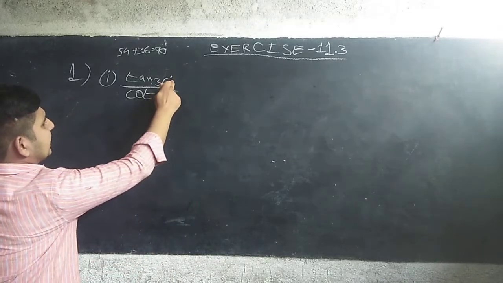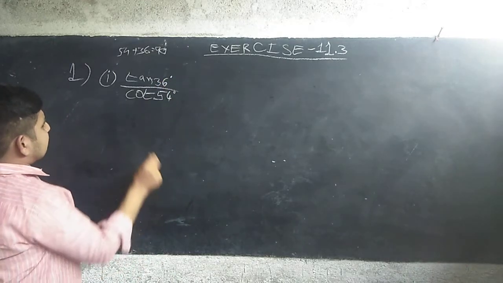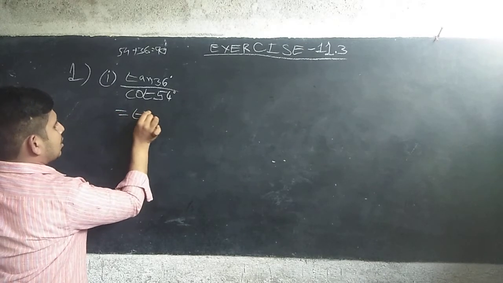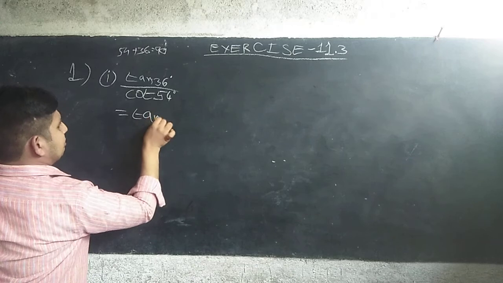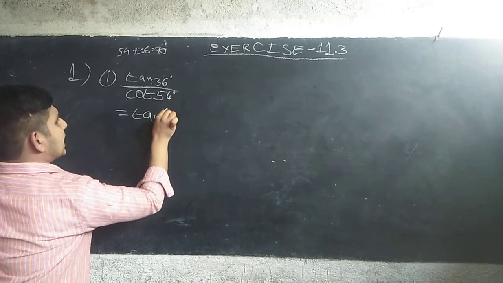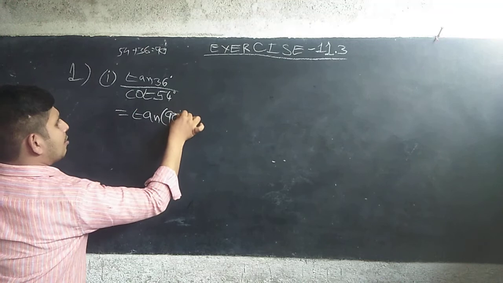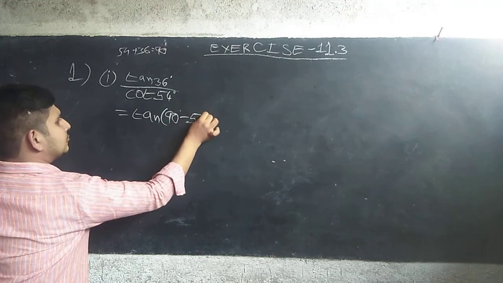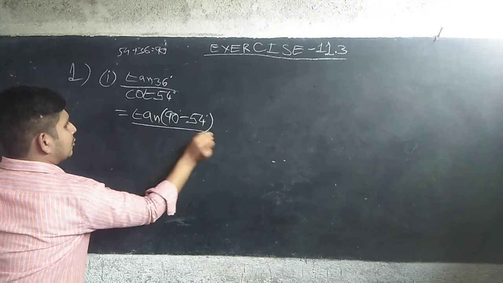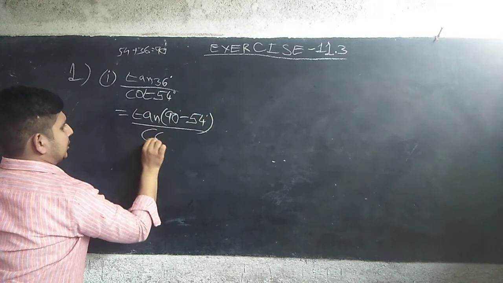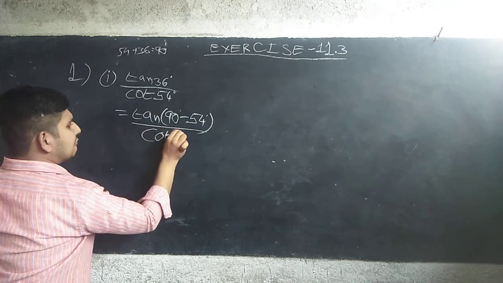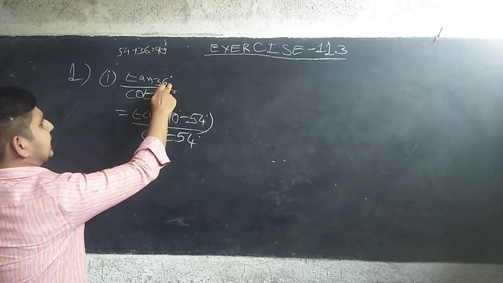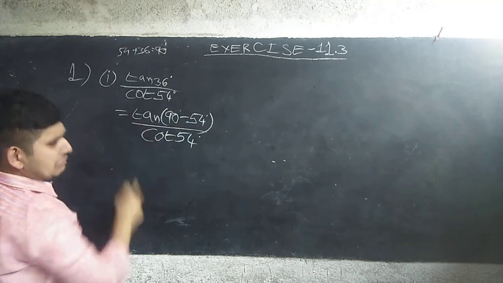So tan 36 by cos 54 is equal to tan of 90 degrees minus 54 degrees, by cos 54 degrees. Now how is it tan 90 minus 54?